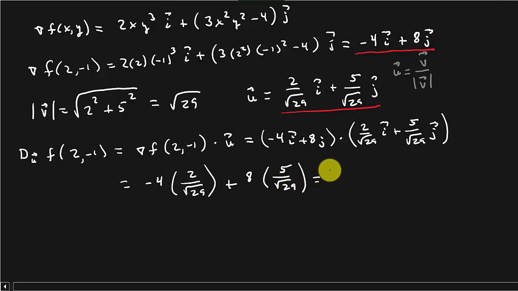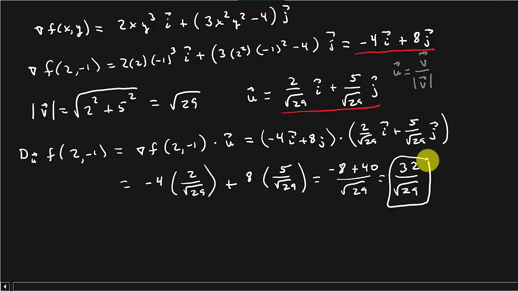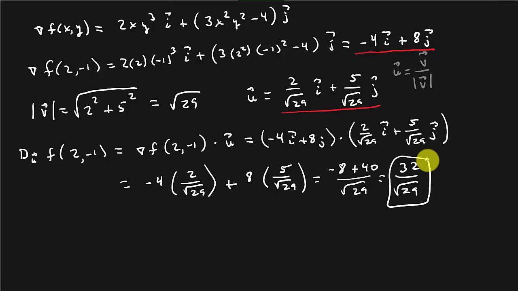And that would give us -8 plus 40 over square root of 29, which would be 32 over square root of 29. And there's your answer. All right. So, it's really not that bad. You've got to know how to take partial derivatives, and you've got to know how to do the dot product, right? That's really all it is.